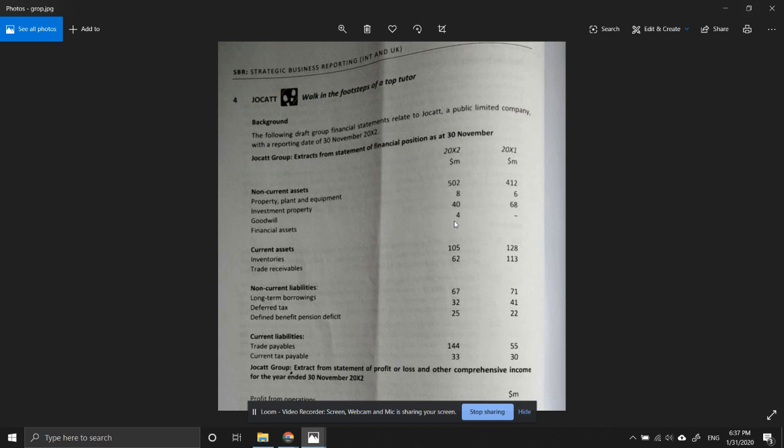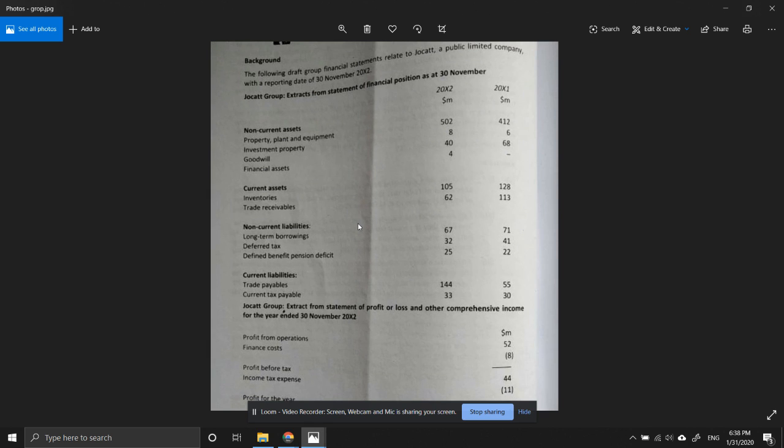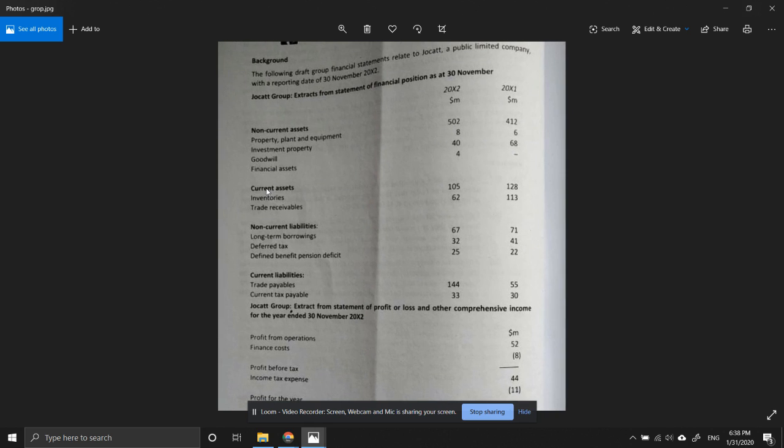Financial asset, let's look at that as well, because what kind of financial asset that depends. If it is equity measured through fair value through OCI, then it is basically credited to OCI if there has been any gains or not. So we'll have to look at that as well. Okay. So current assets, inventory, trade receivables.